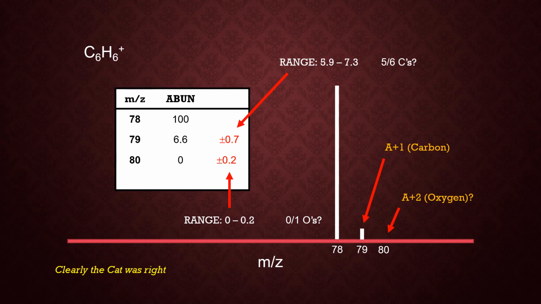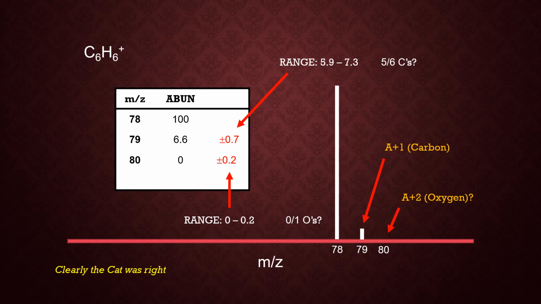So do I have 0 oxygens or do I have 1 oxygen? Clearly, if I had 5 carbons, I could combine that with 1 oxygen and possibly get a reasonable molecule. I can't have 1 oxygen with 6 carbons and still have a molecule with an AMU of 78 or under.